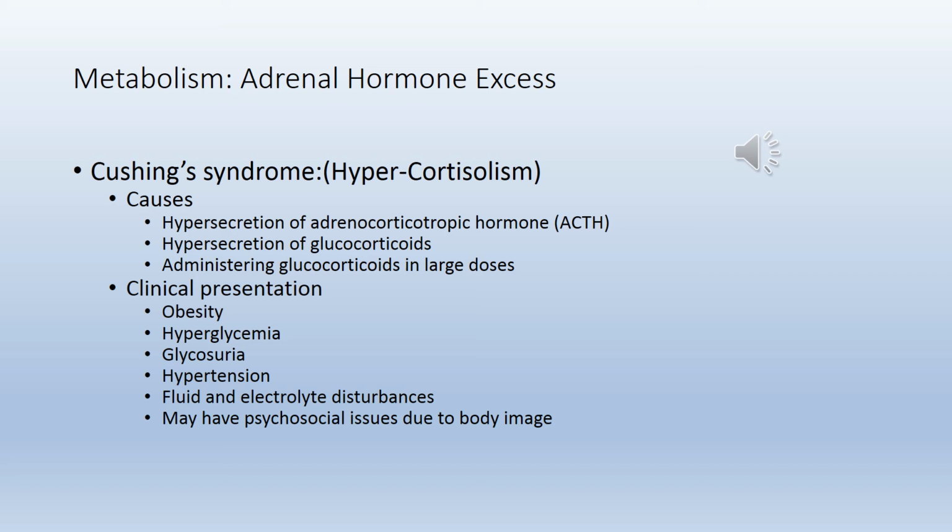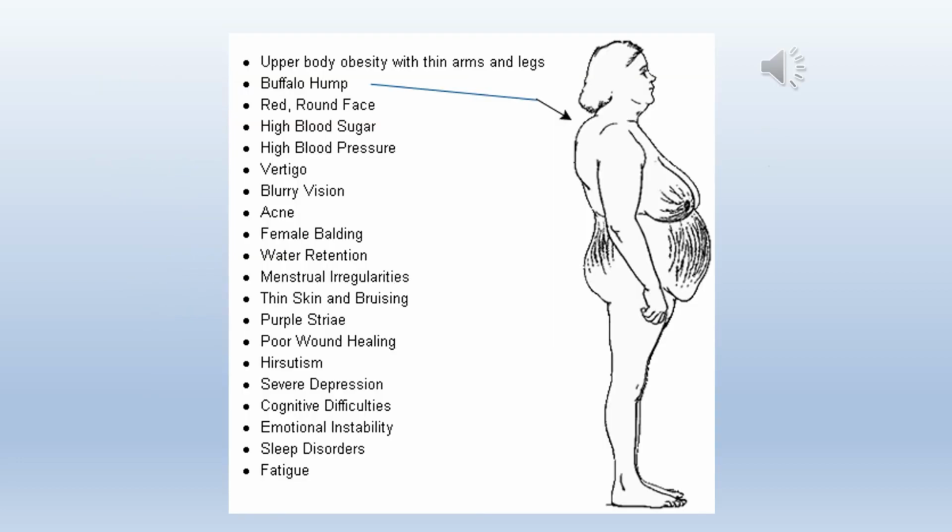Signs and symptoms of Cushing's syndrome are primarily a result of oversecretion of glucocorticosteroids and androgens, although mineralocorticoid secretion may be affected as well. Clinical presentation can include obesity, hyperglycemia, glycosuria, hypertension, fluid and electrolyte disturbances, and psychosocial issues due to body image.